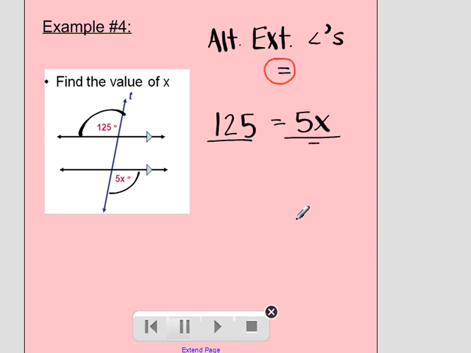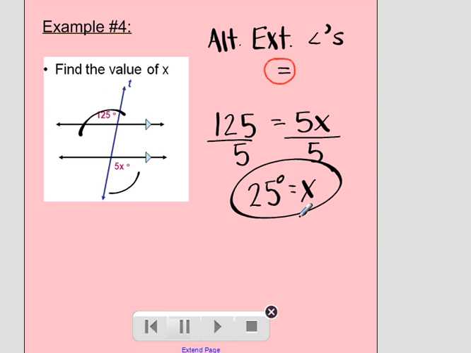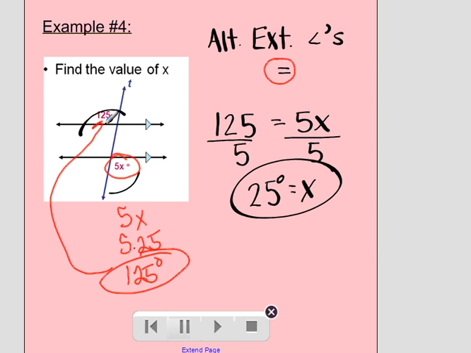This one's a real simple one to solve. Divide both sides by 5, and we end up with 25 equals x. All right, now we should, of course, check that. If we know that these should be equal, we take this 5x, substitute our value for x, 5 times 25, and we wind up with 125 degrees, which does, in fact, equal that measurement there.